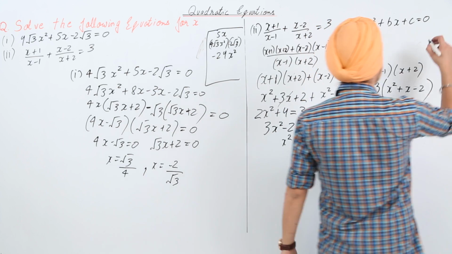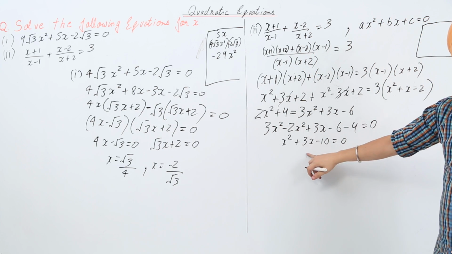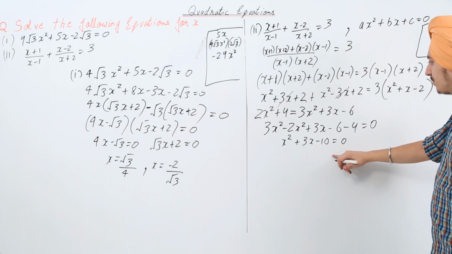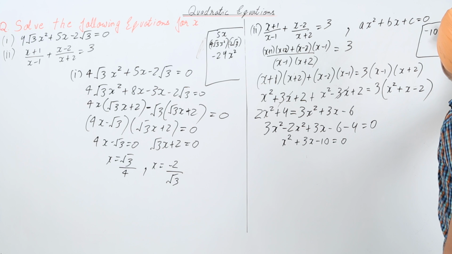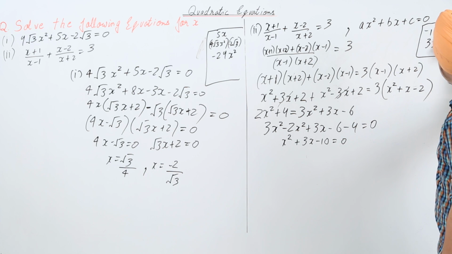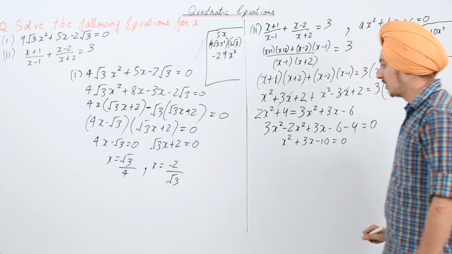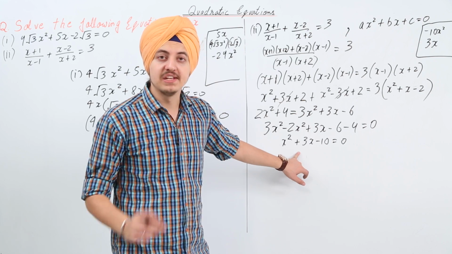Now again in the rough, what we have to do is split the middle term in such a way that the product is equal to -10 into x². So that is -10x², this is the product, and the sum is equal to 3x. So how do we do that? We split the middle term into 5x minus 2x.